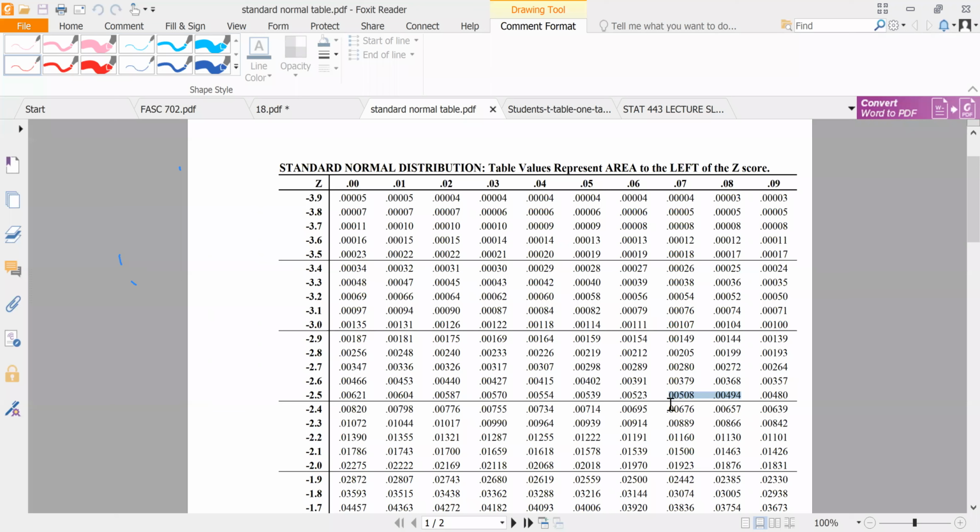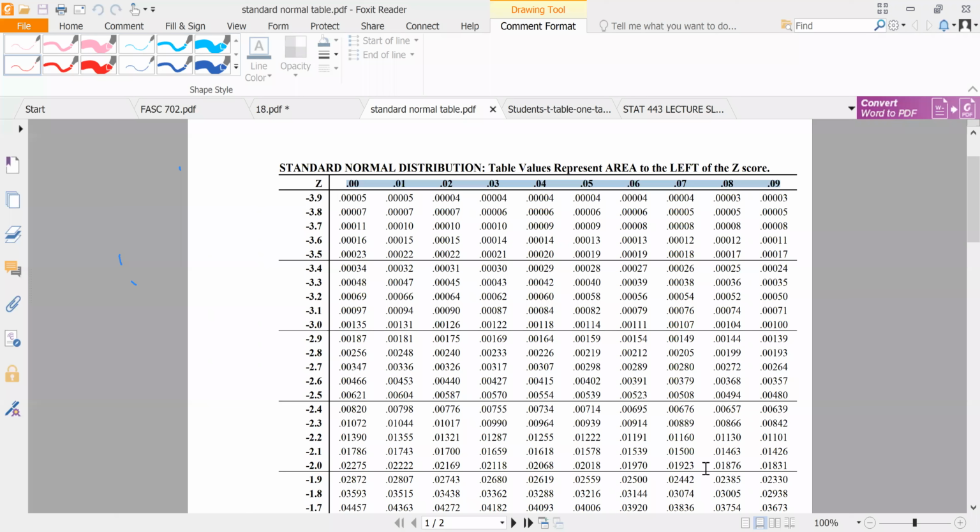Now, the value of Z that is giving us the probability 0.00508 is going to be equal to minus 2.57. Now, these quantities up here are additional decimal places.